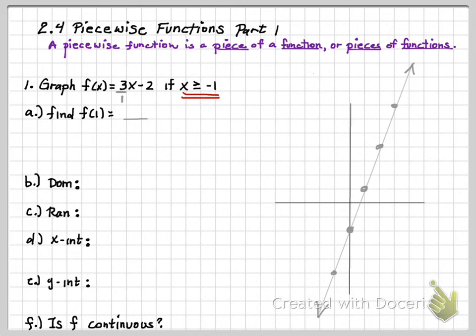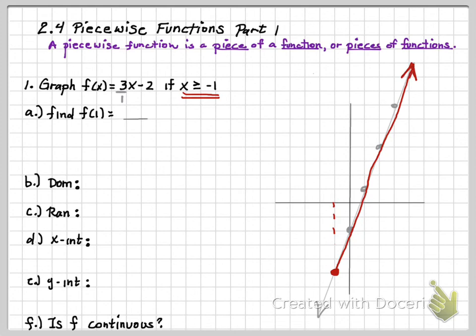So I'm going to go to negative 1 on my coordinate plane. I'm just going to drop down onto the graph. Here's my value on the graph where x equals negative 1. And then I want to use all the x values bigger than negative 1. So that's all of my x values moving to the right of negative 1, which means I'm going to have this portion of the graph.